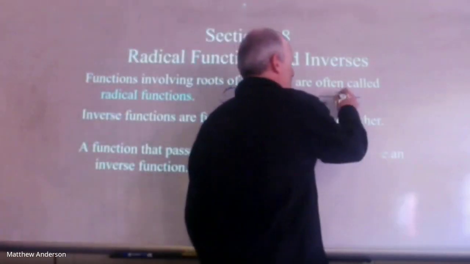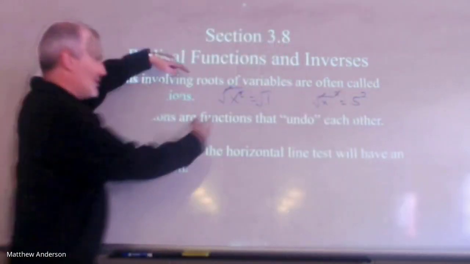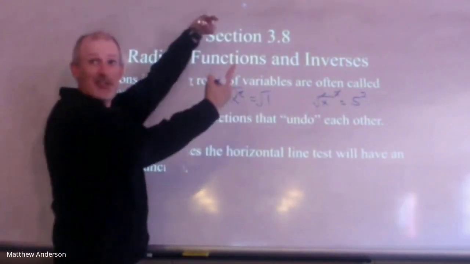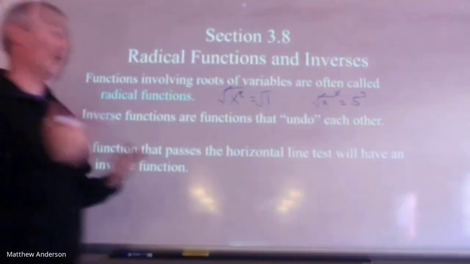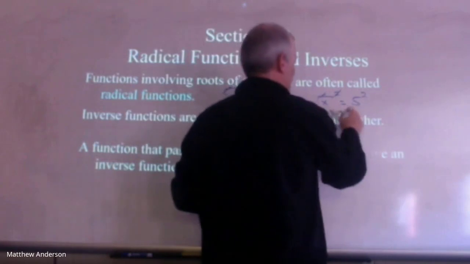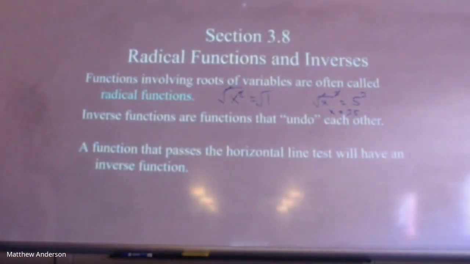If we square both sides, then this will cancel that out, right? You've got the square and the square root, they cancel each other out. And so we would get x equals 25. Now I just made up that problem, so it's not one of our main problems, but that's why we study these together, because they work together to undo each other.